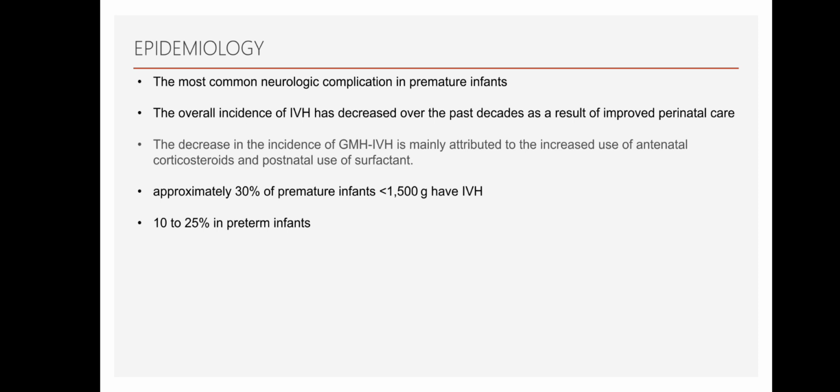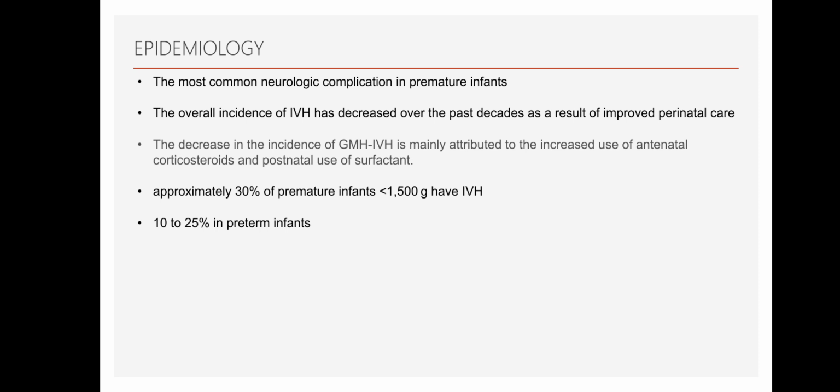Recently, there has been a reported decrease in the incidence of intraventricular hemorrhages, and the two important contributing factors to this decrease in incidence are: number one, the use of antenatal corticosteroids, and number two, the postnatal use of surfactants. In premature infants who are born less than 1.5 kg, the incidence is somewhere around 30%.